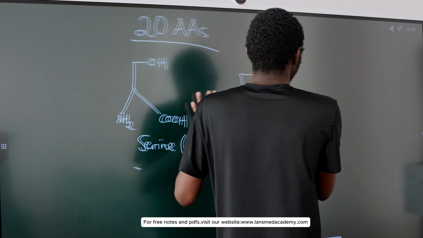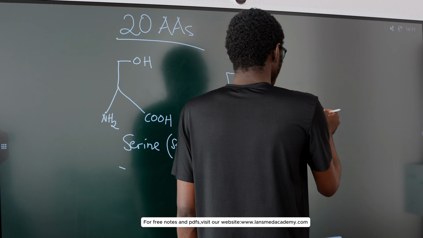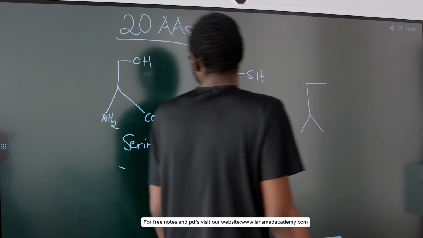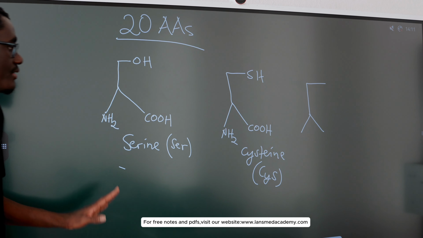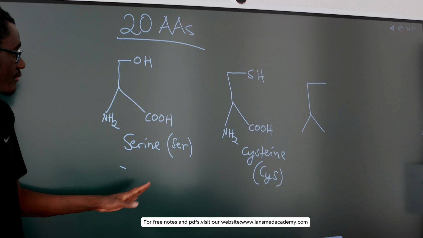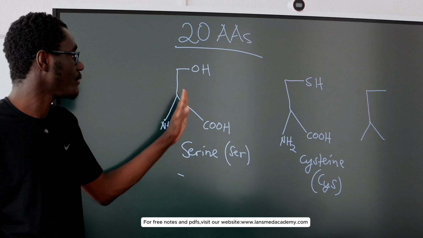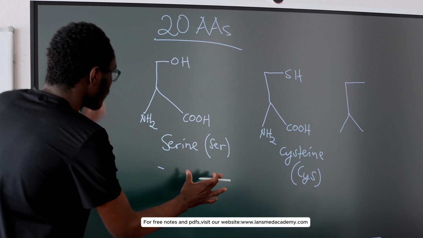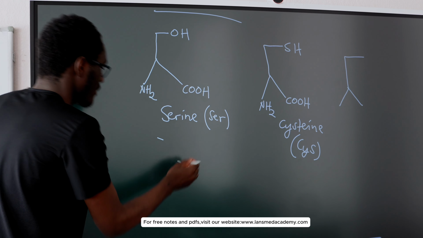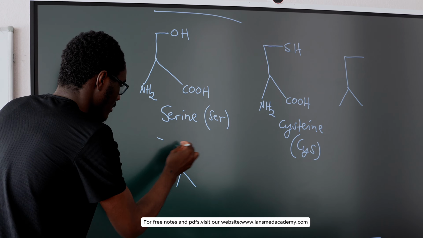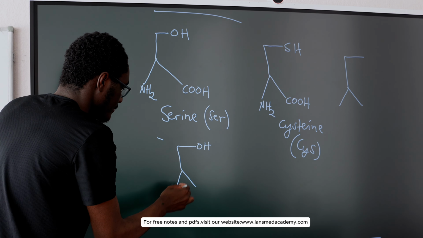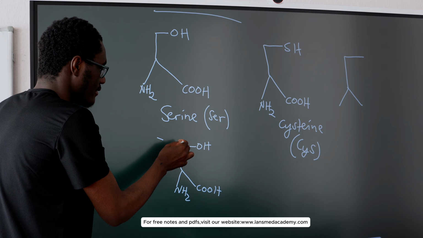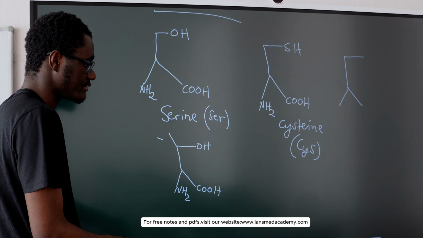Next amino acid that we have is threonine. It's very important to remember that threonine is like serine with an extra methyl group. So we're having serine with a methyl group attached to it.